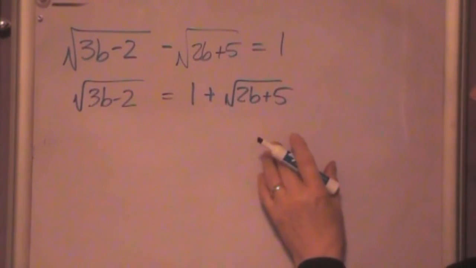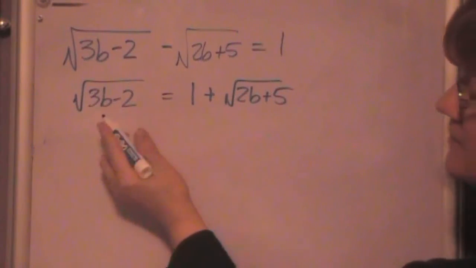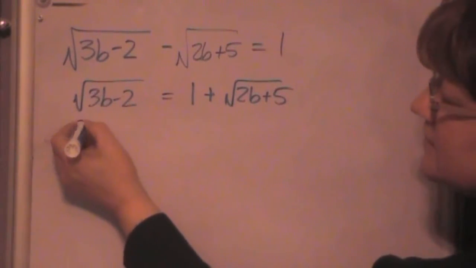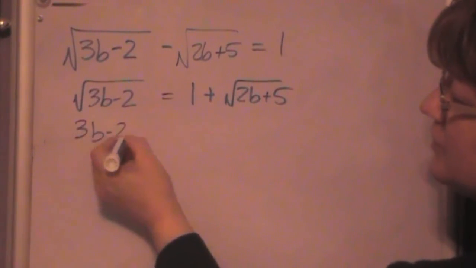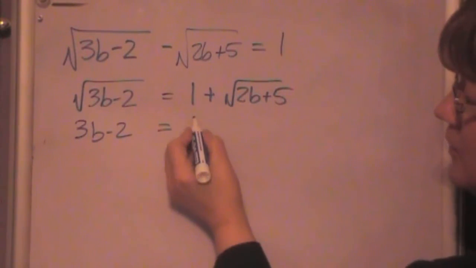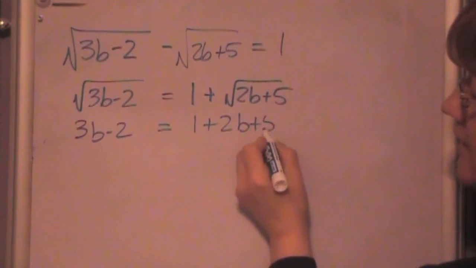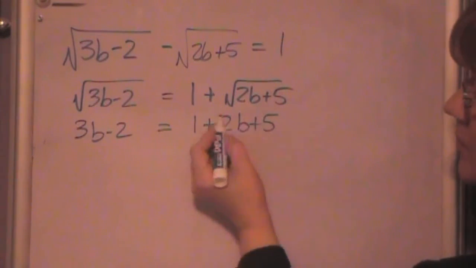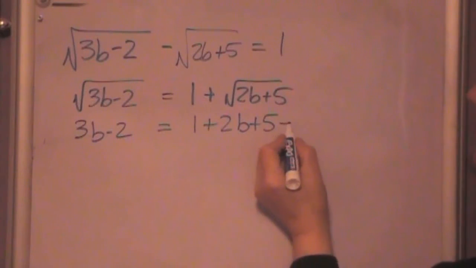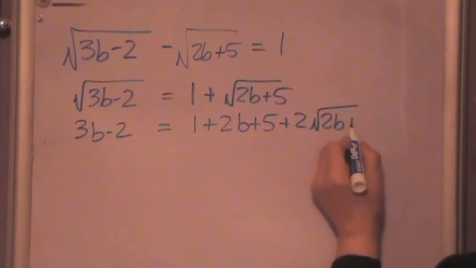Now that I have this over here on this side, I actually find it's easier to square both sides this way, because squaring this side I just get the 3b minus 2. Over here the nice thing is it's got that 1, so 1 squared is 1, plus this squared is 2b plus 5, and when I multiply these and double them I just get plus 2 times root 2b plus 5.